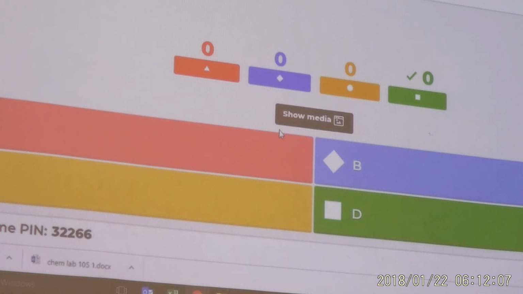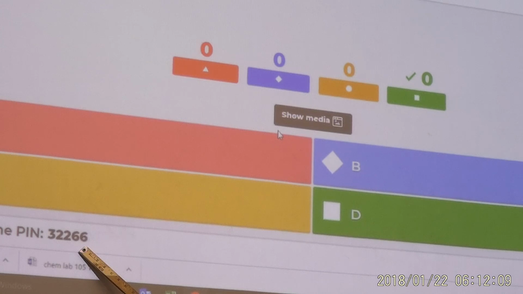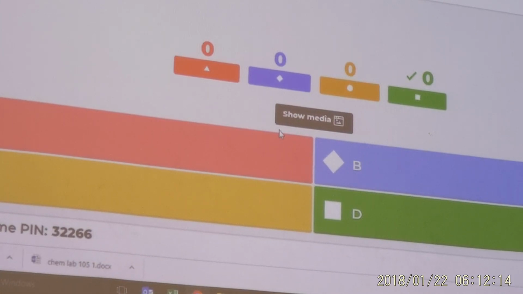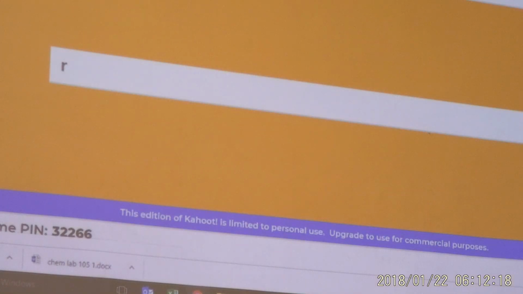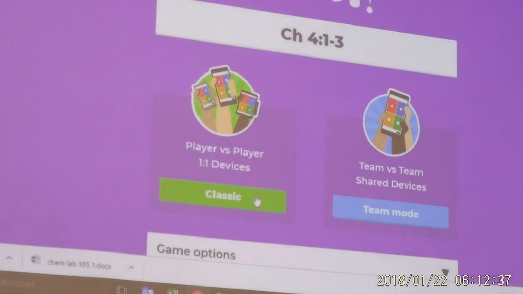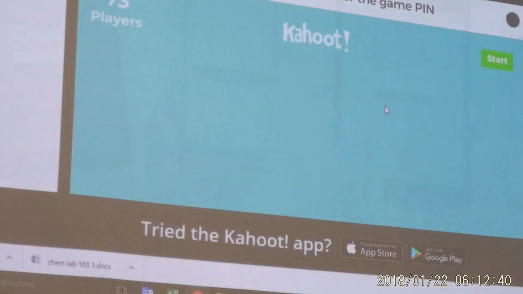Hopefully this thing is still working. It's not? We have to restart the game. Okay, put your names in.